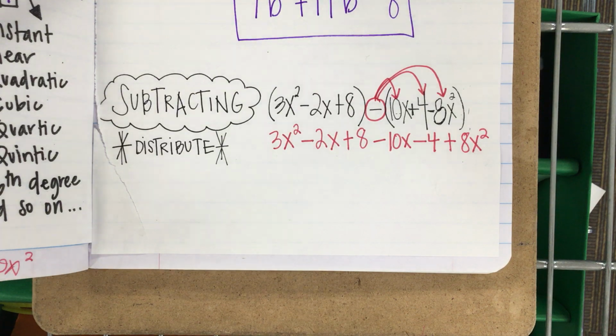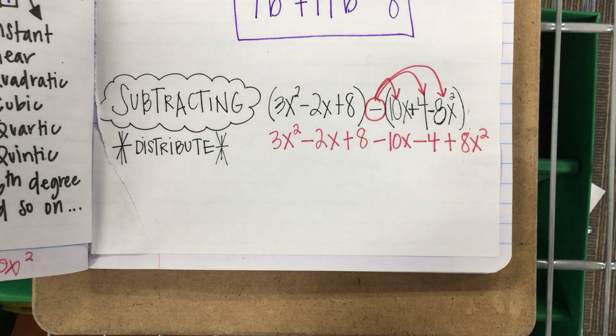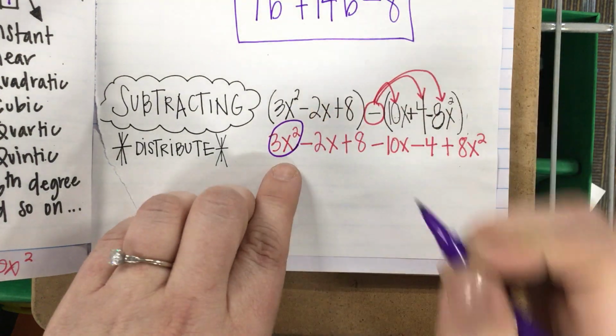After we distributed, we made that minus sign belong to everything in that second polynomial, trinomial if we're going to be specific. Now I can just combine like terms. What goes first? The x squared. 3x squared.